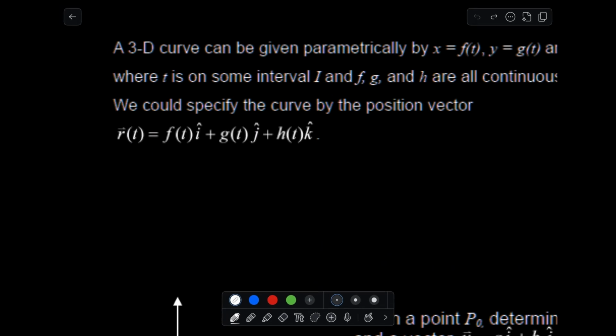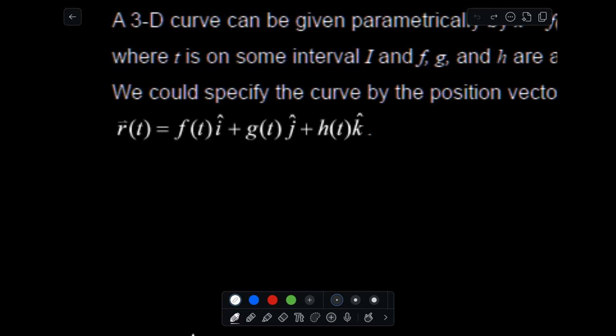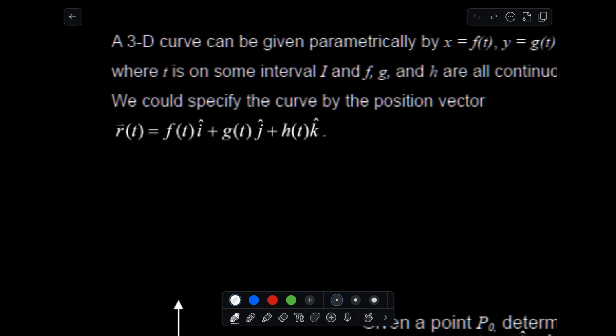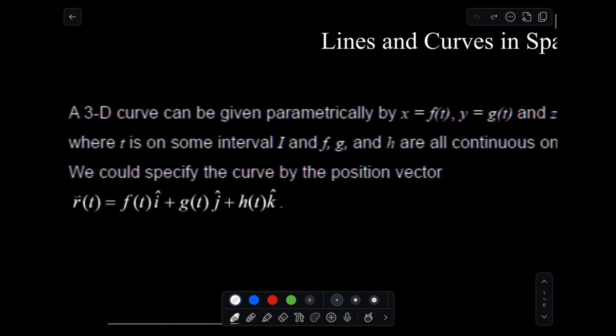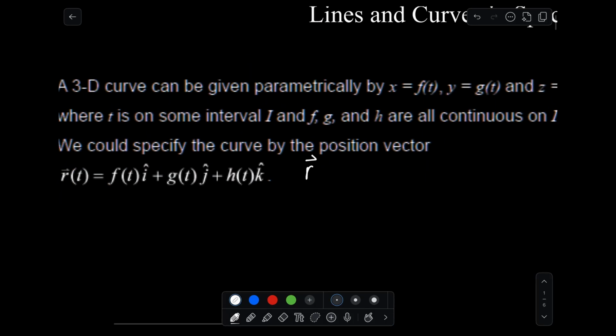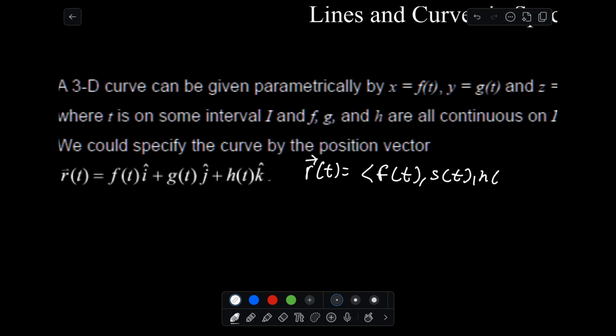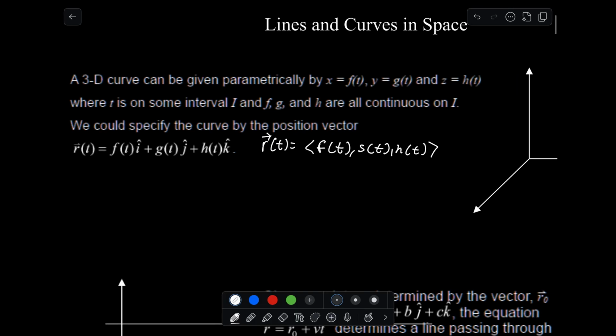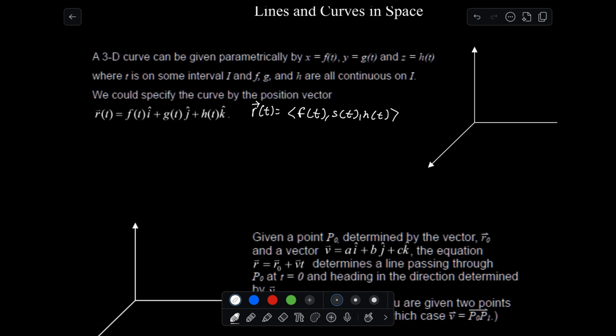In our previous videos, it was bolded, so it's hard for the viewer to see, but now with the arrow, it's convenient for us. f of t i hat plus g of t j hat plus h of t k hat. And we could also write this in our other vector form like this. So that's another way we can write it as well. And it's going to be useful for us when we're taking the derivative of it, which we'll do later on.